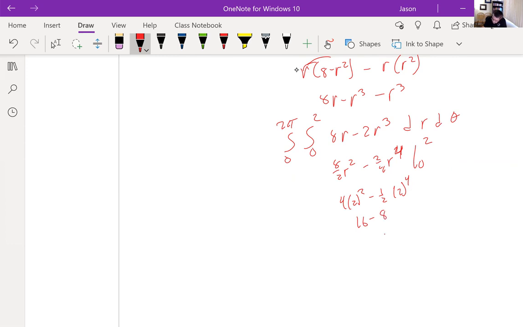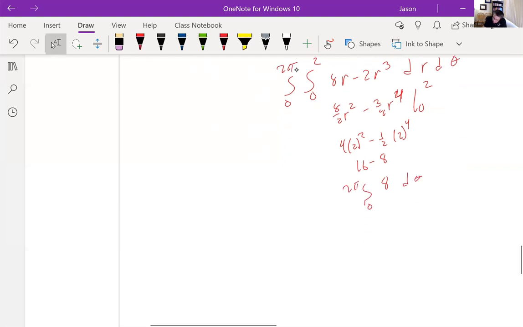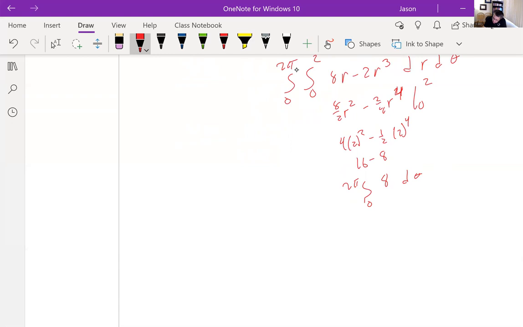That just becomes 8. Then we integrate that from 0 to 2 pi with respect to theta. That becomes 8 times theta, which is 8 times 2 pi, which is 16 pi. That's it. That's number 14 right there.